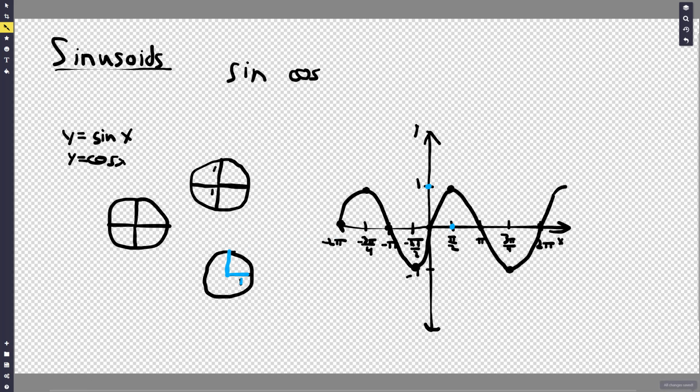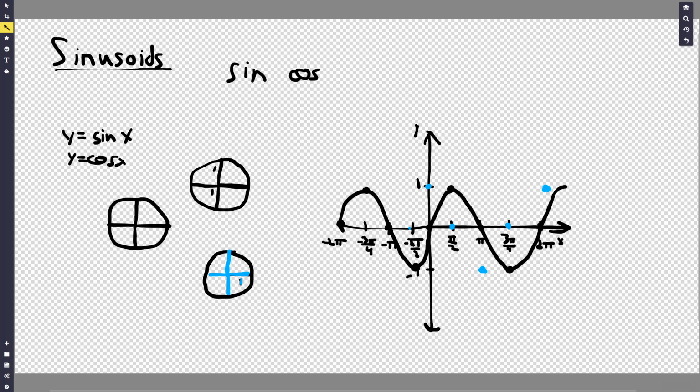Now let's go to pi radians, and again it's at 1, but it's going negative, right? It's going to the left. So at pi radians, it's going to be negative 1, okay? And now let's go to 3 pi over 4, which is down here. And again, in this case it's vertical, so it's going to be at 0. And then at 2 pi, it's back to normal. It's back to where it was. So it's up here.